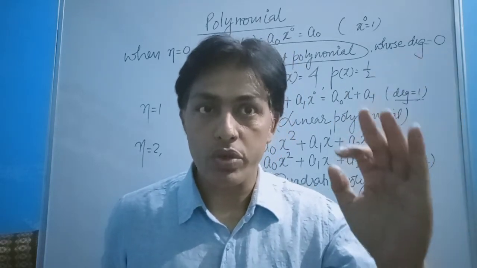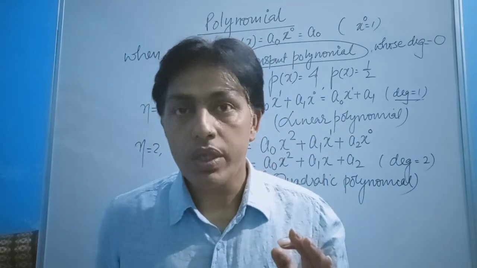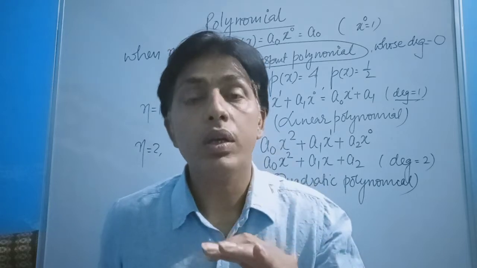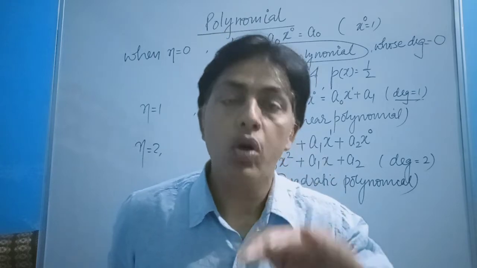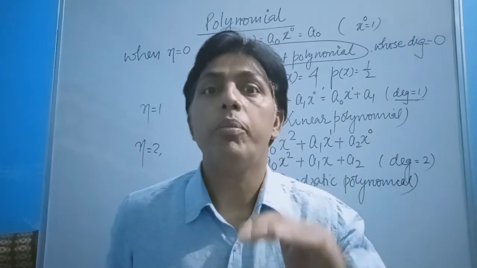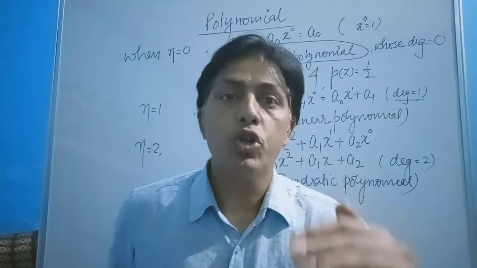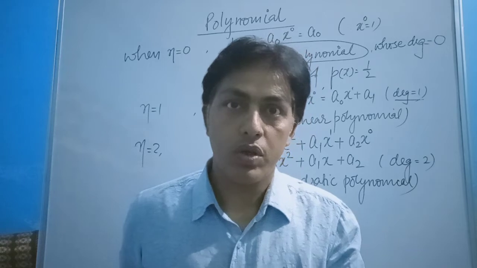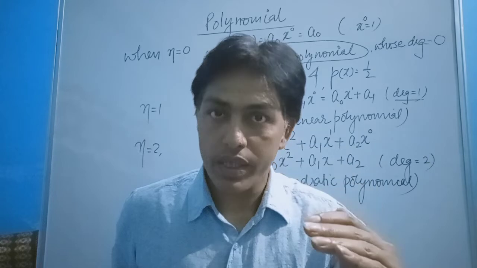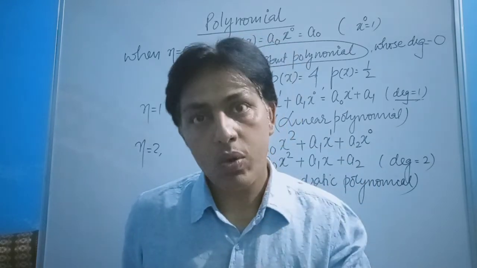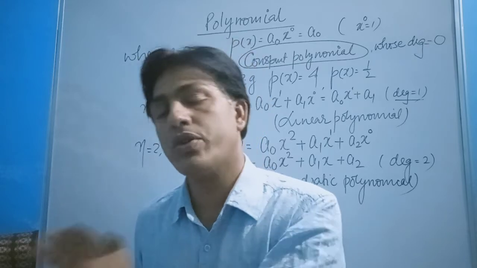Degree 5, a polynomial of degree 5. Degree 6, polynomial of degree 6. Degree 7, polynomial of degree 7, and so on. Alright? So starting with the constant, linear, quadratic, cubic, biquadratic, and polynomial with degree 5, degree 6, degree 7, and so on.